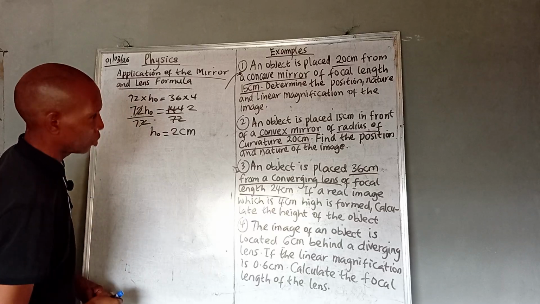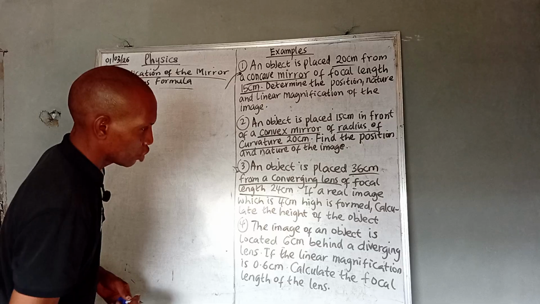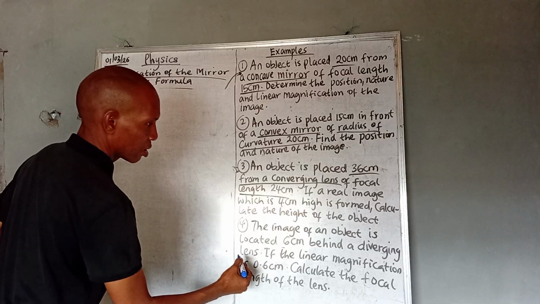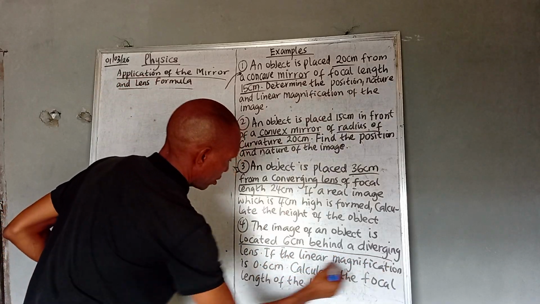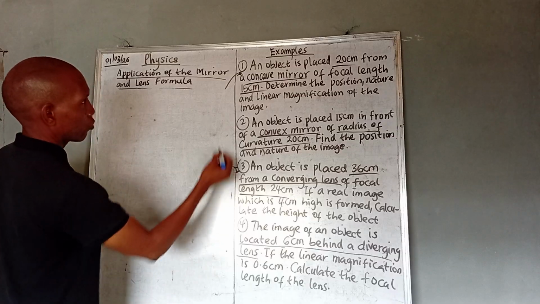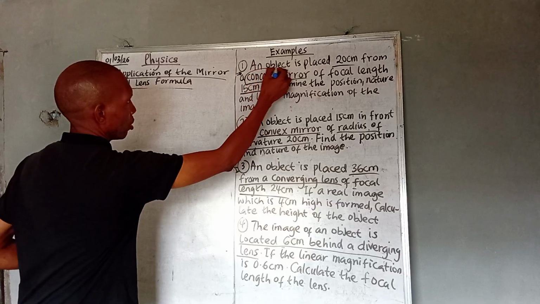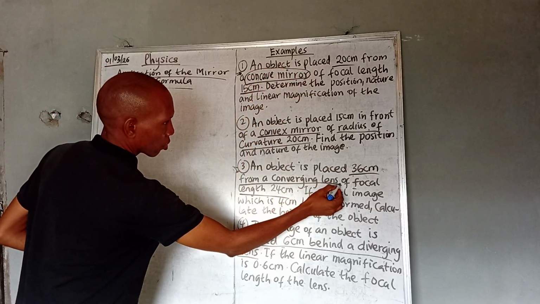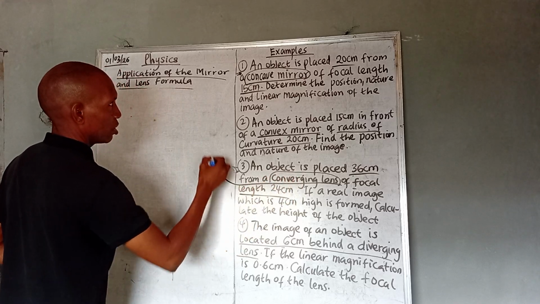The last question on the board reads as follows. The image of an object is located 6 centimeters behind a diverging lens. Don't forget, a concave mirror and a converging lens, which is also a convex lens, behave alike.